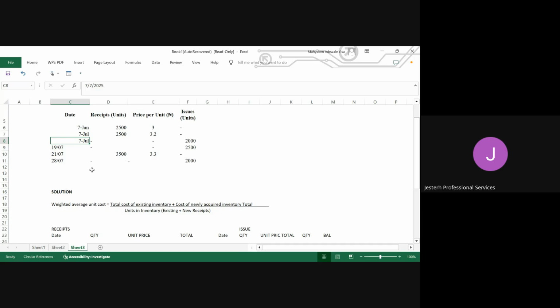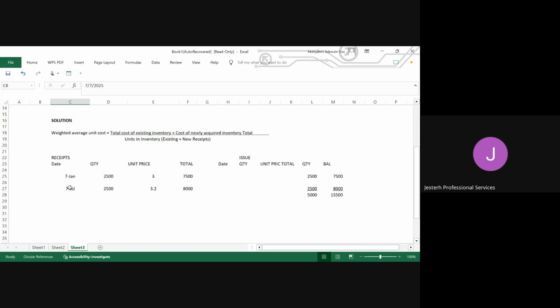We need to know the total cost of what we have in the store and the total units we have in the store. We then divide the total cost of the products in the store by the total units of the inventories in the store to arrive at our current average cost before we can issue out any units of inventories for production.